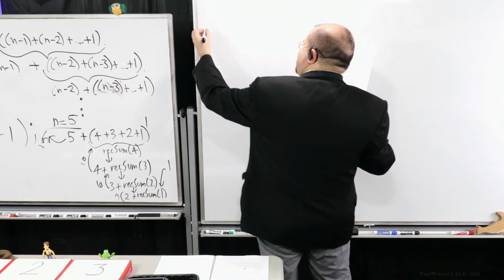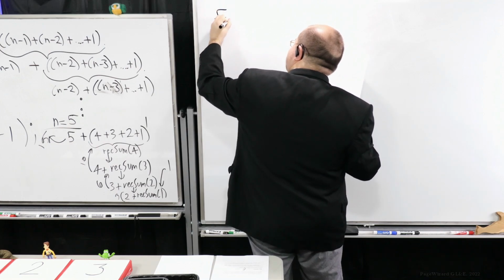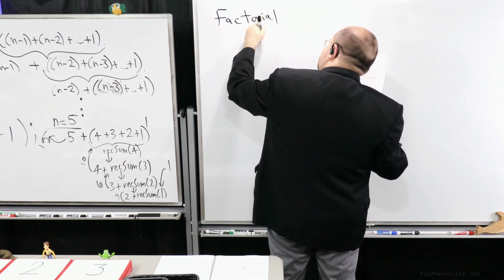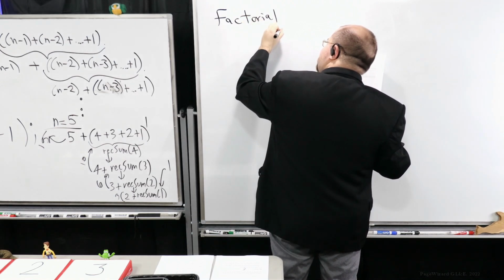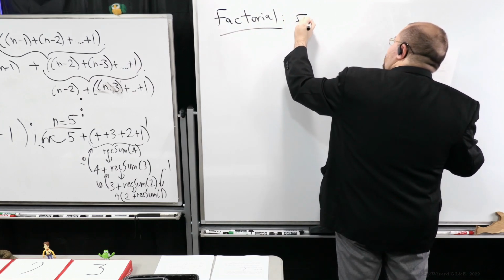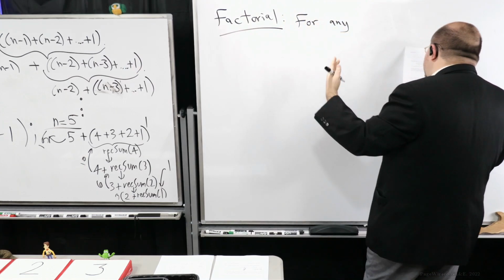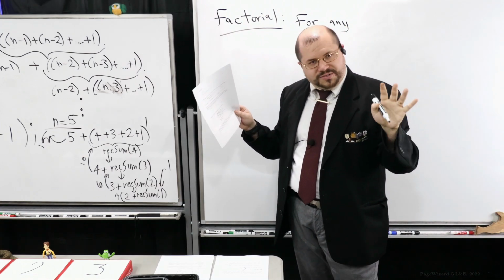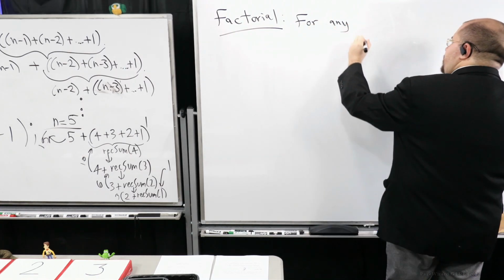So let's do another example. Let's consider what is called factorial. I'm just going to define it for positive integers, though you can technically define it as well for all sorts of other values.